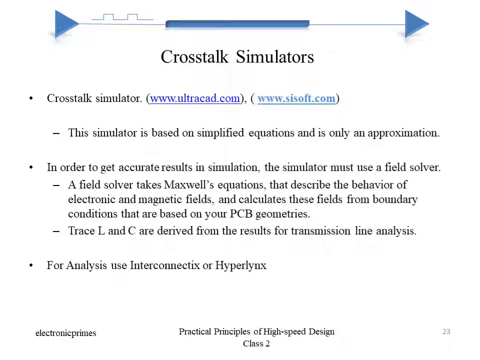A field solver takes Maxwell's equations, which describe the behavior of electric and magnetic fields, and calculates these fields from boundary conditions based on your PCB geometry. Trace inductance and capacitance are derived from the results for transmission line analysis. For further analysis, you can use Interconnectix or HyperLynx tools.